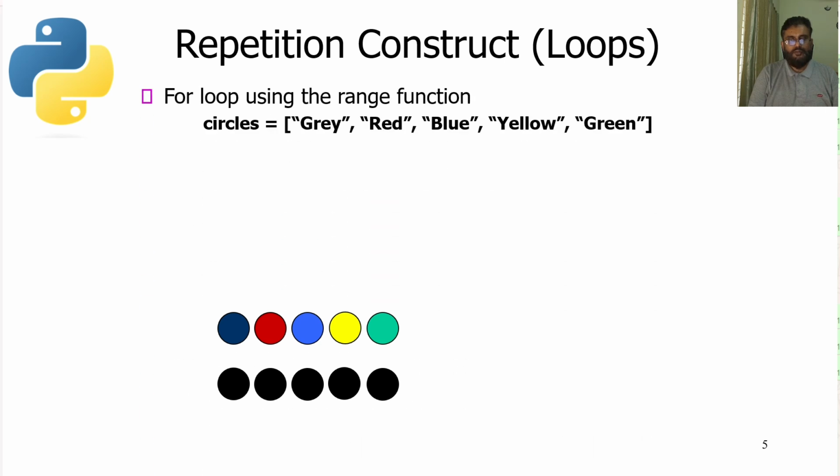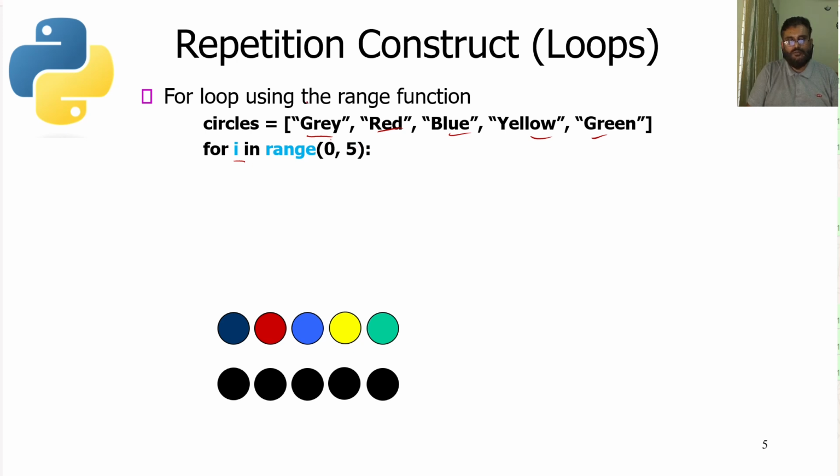If you want to make use of the range function, let's assume that we have a list which has these 5 elements, which are the different colors of the circle: gray, red, blue, yellow, and green. I want to make use of a loop, and I want to invoke it through a range function. So I can just have an integer which iterates over the elements of this range, and in this case it will be from 0 to 5 minus 1, which is 4.